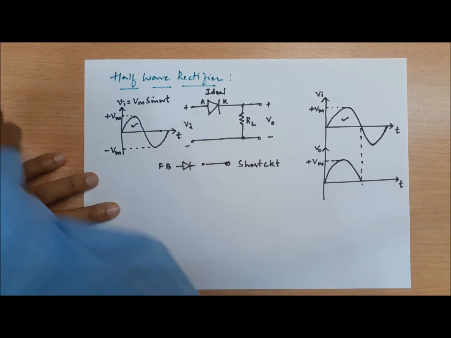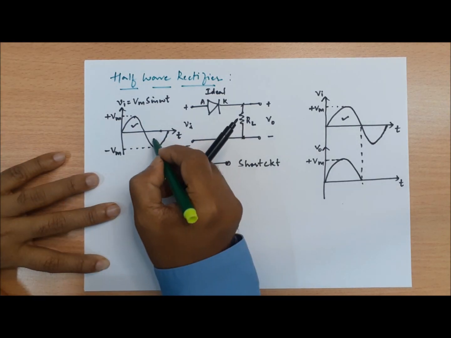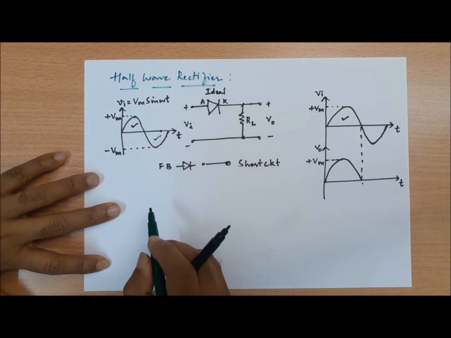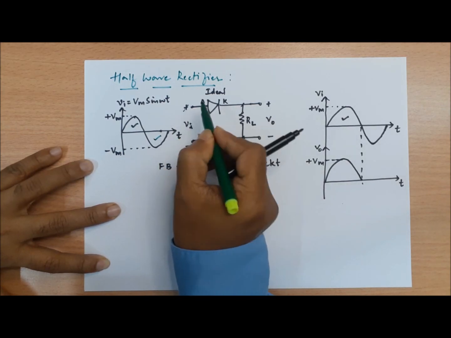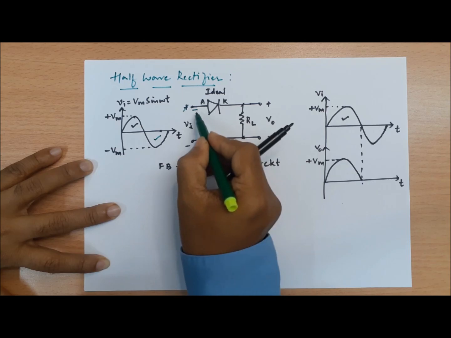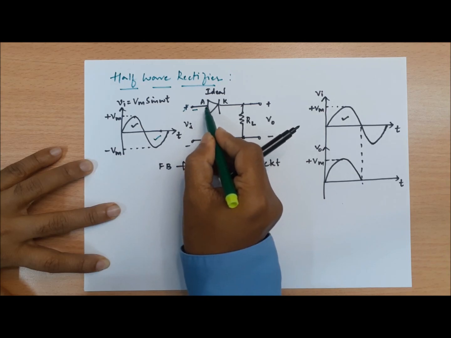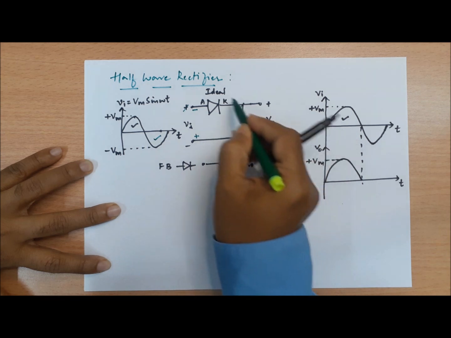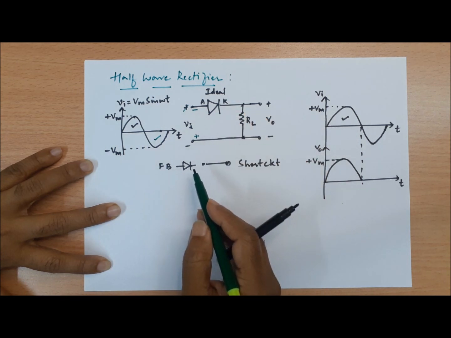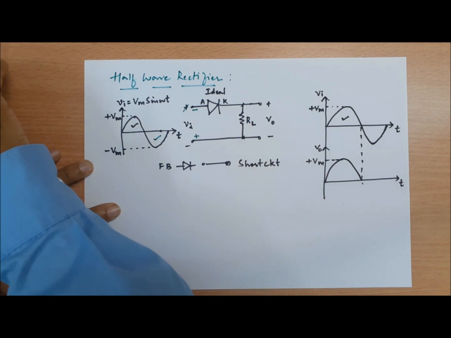Now during the negative half of the input cycle, that means I am applying a negative voltage to the anode of the diode and positive voltage to the cathode of the diode. So what will be the situation of the diode now?